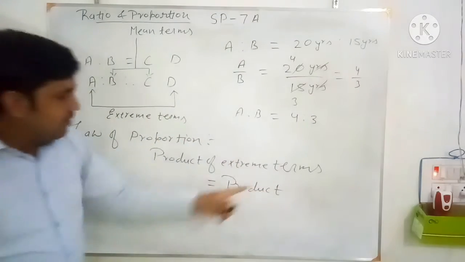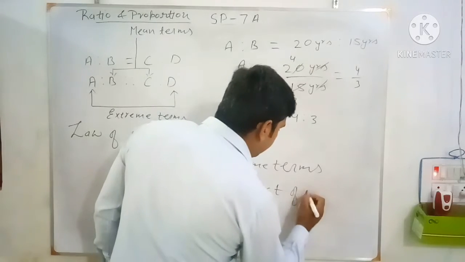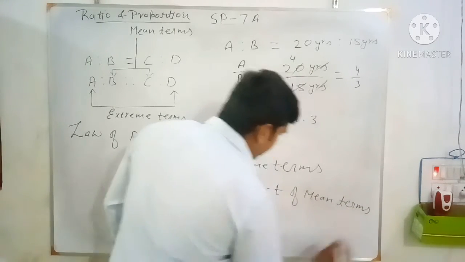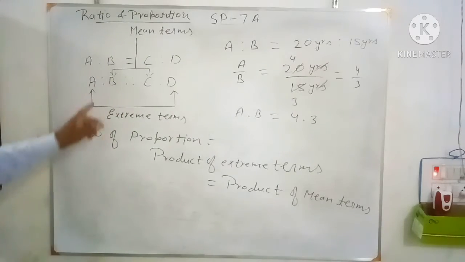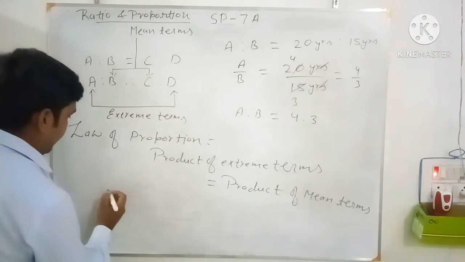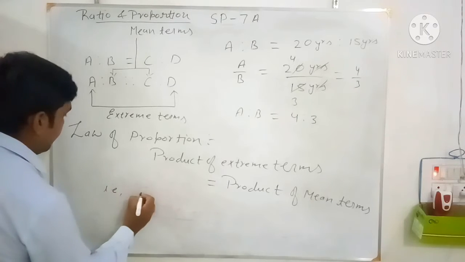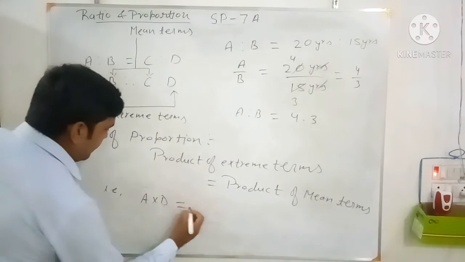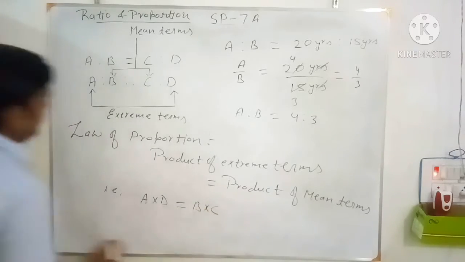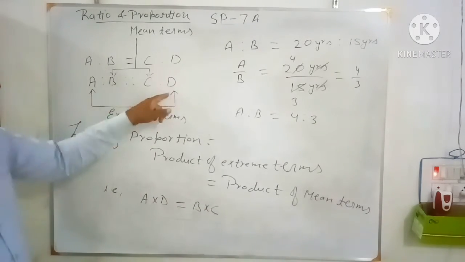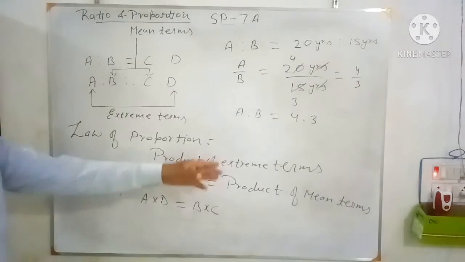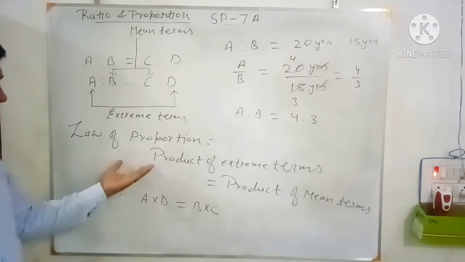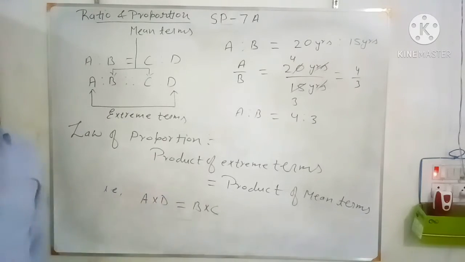The extreme terms product is A into D, so A into D equals B into C. That is, the product of extreme terms equals the product of mean terms. This is called the proportion. By the law of proportion, the extreme terms product equals the mean terms product.